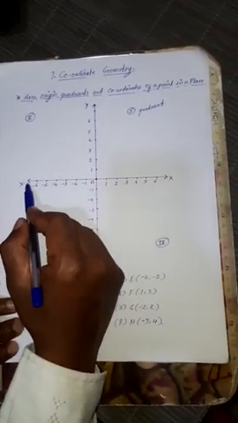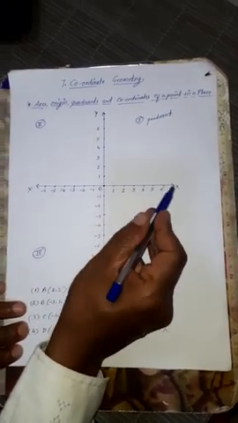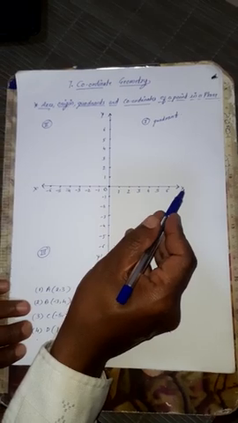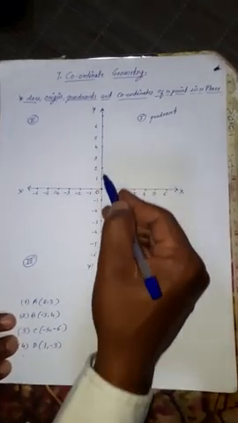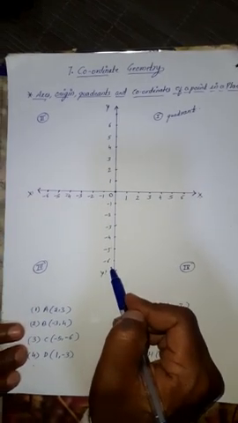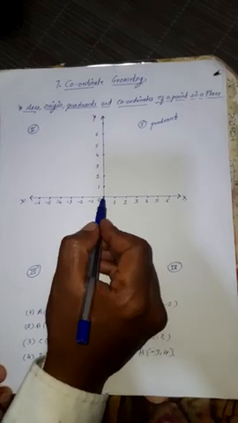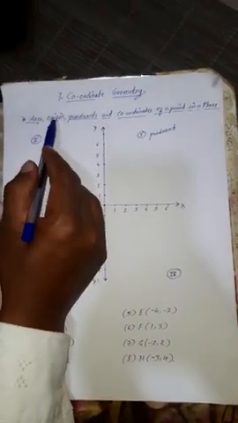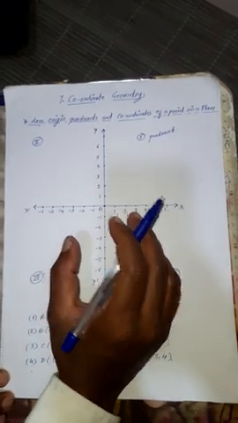Now when we draw the horizontal number line, this horizontal number line is called the x-axis and the vertical number line is called the y-axis. When they intersect at a point, that point is called the origin, and this forms a coordinate system.